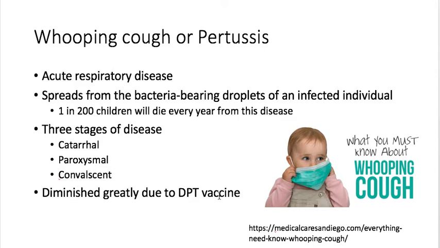So infants that haven't been vaccinated, and young adults whose immunity is wearing off from the vaccine, are the most susceptible to this disease. However, it's very severe in infants, and 1 in 200 children will die every year from this disease.